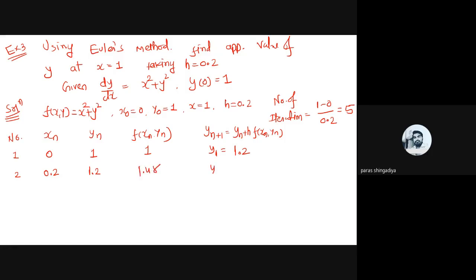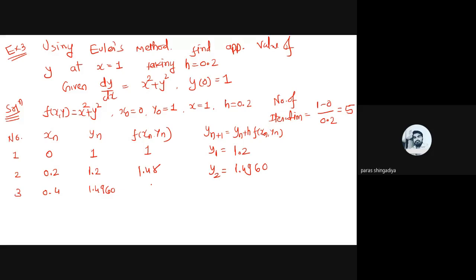Now check y2. y2 will be 1.2 plus 0.2 of 1.48, so it is 1.4960. The answer of y2 is verified. Third iteration, x2 will be 0.4, and y2 is 1.4960.